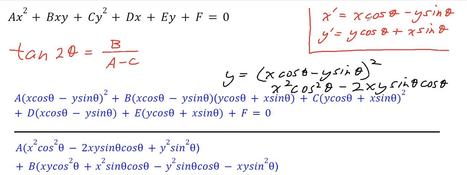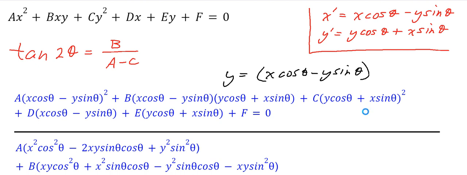I'm not going to worry about the last one. I just wanted to quickly show you that you will always get an xy term when you square these things. And of course, conics are quadratics, and they will be squaring these, so this term would materialize.